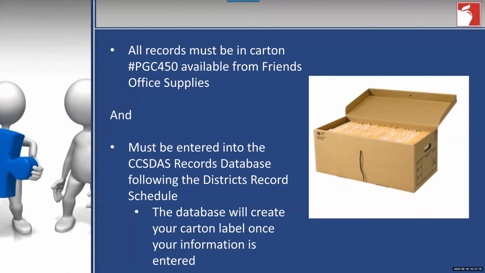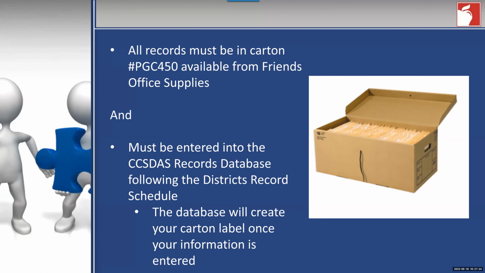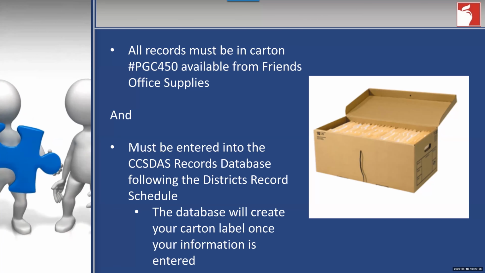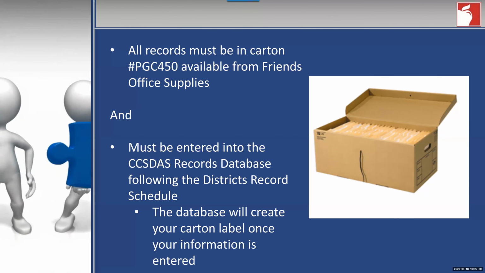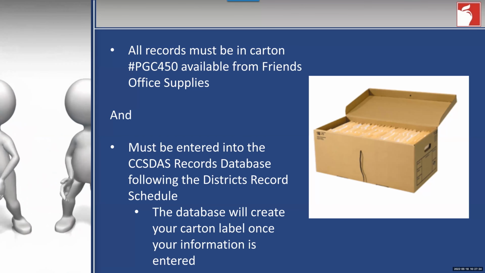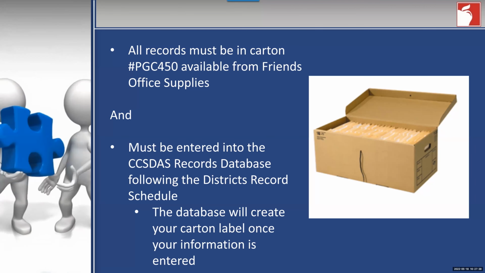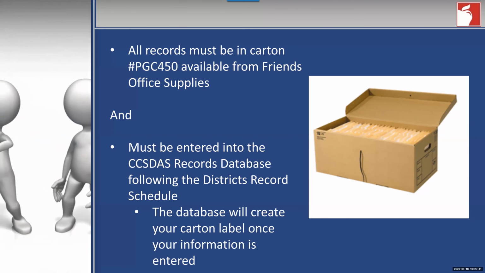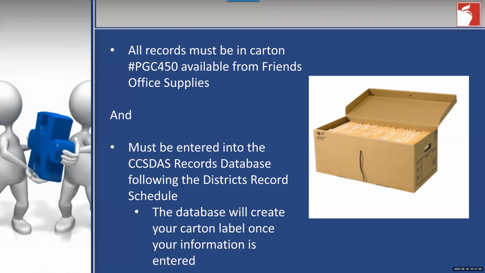So it is very important to use this box because it is heavy duty and will last the test of time. Furthermore, the CCS-DOS record database that I mentioned a moment ago will need to be used. I've seen the link for it on Infinite Campus, and there's also a link available on the warehouse intranet site, which is available online.